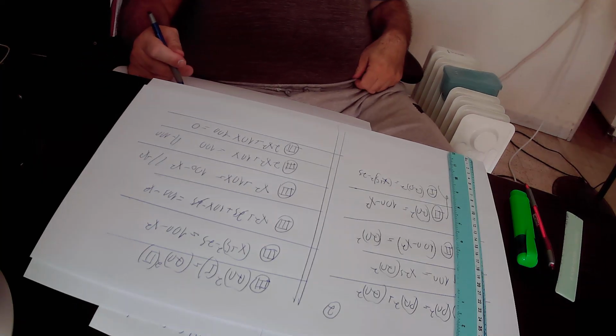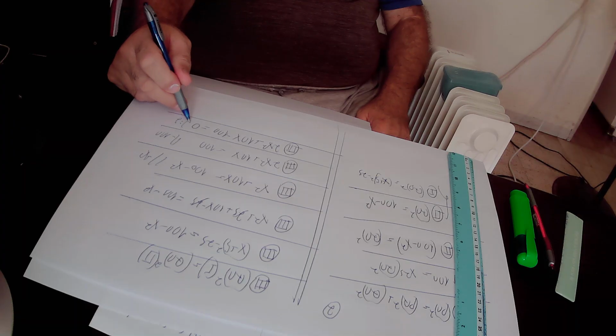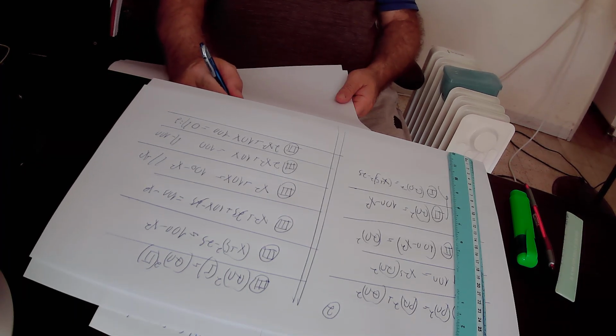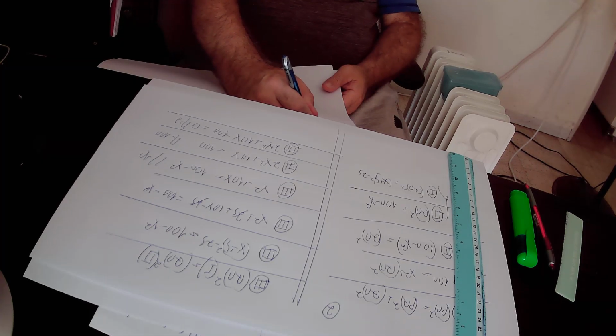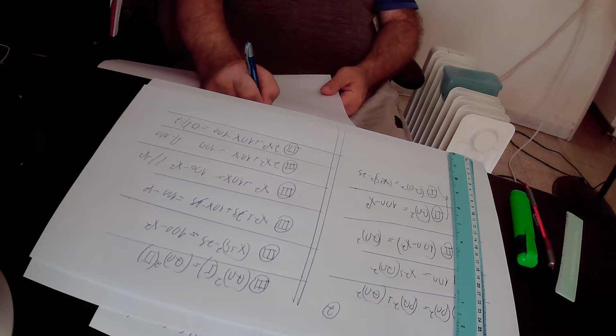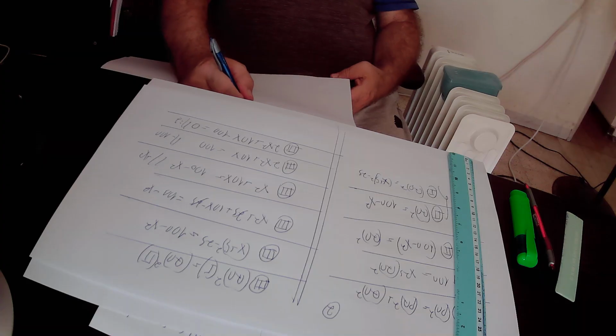Here we divide equation 3 by 2, and finally we get that 2x squared over 2 is x squared, plus 10x over 2 is 5x, minus 100 over 2 is minus 50, equals 0 over 2, which is 0.